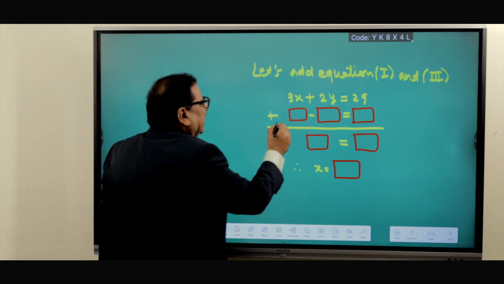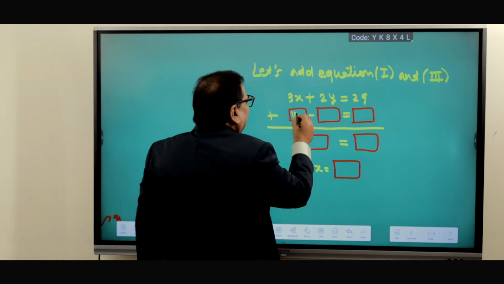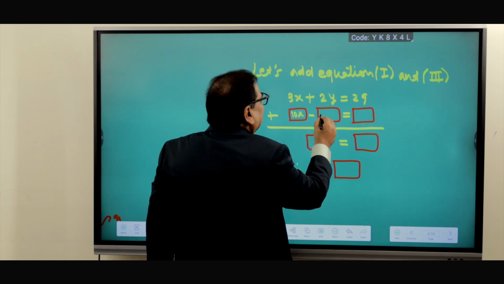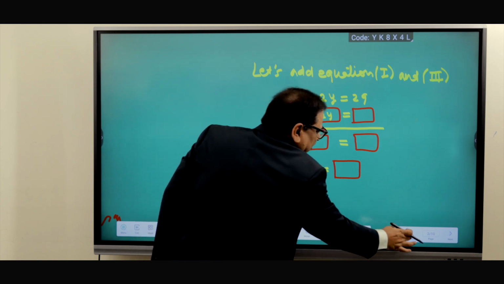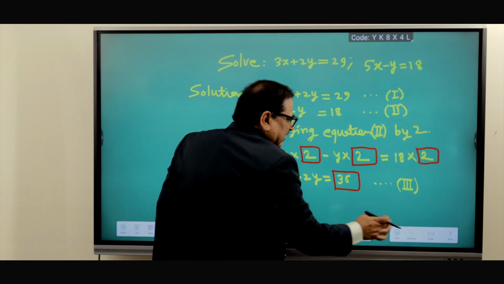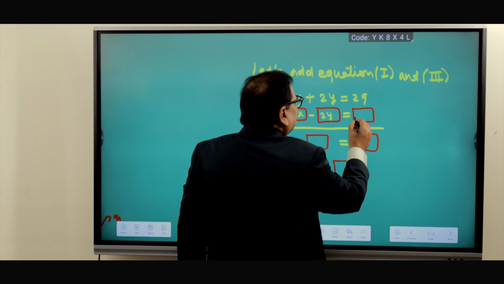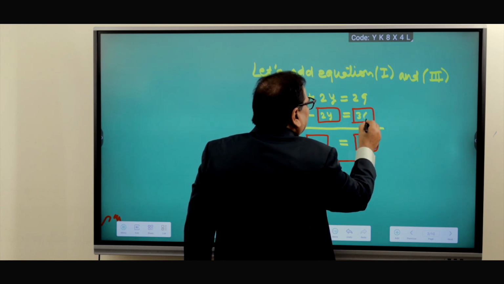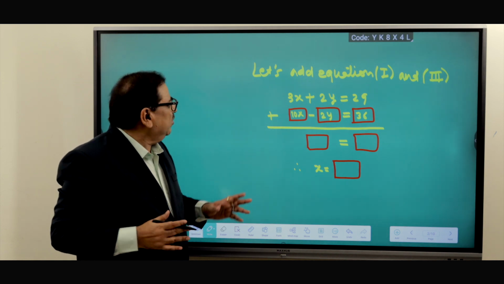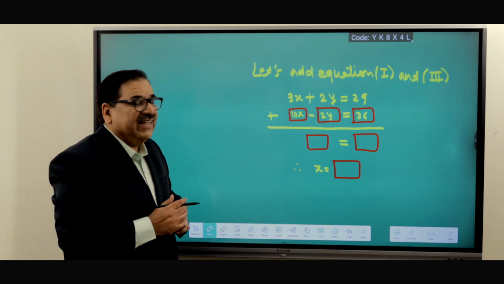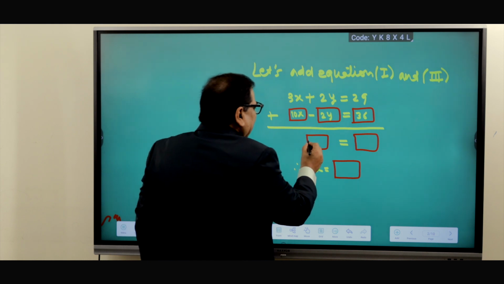So here 10x minus 2y is equal to how much was it? 36. So it is 36 plus 2y minus 2y will be 0. 3x and 10x will be 13x.